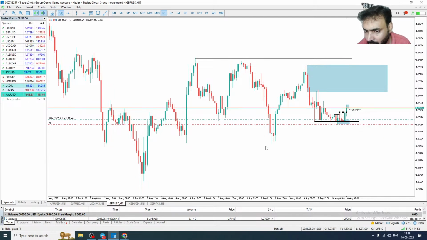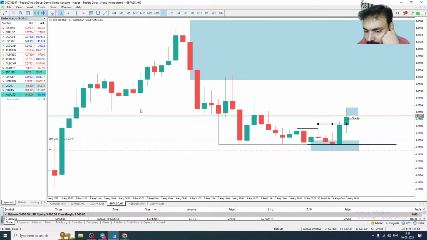Below you have this one. If you notice here, it is kind of manipulated somewhat. This equal low is manipulated, price gone above, came back, and it's going up now.